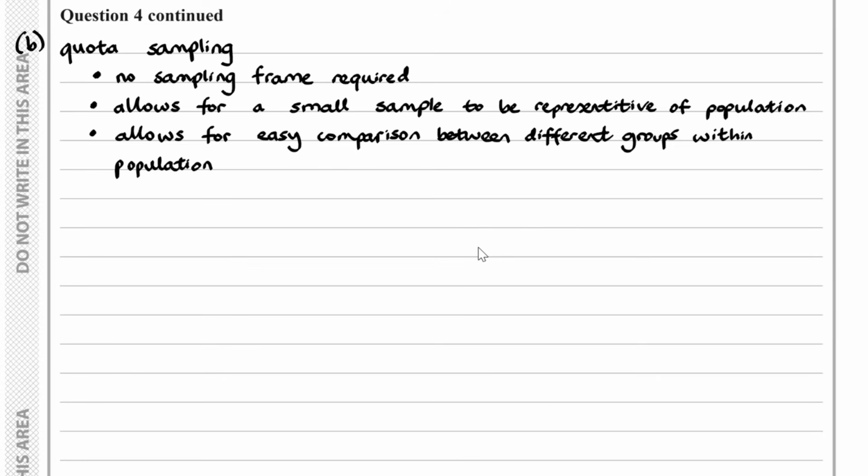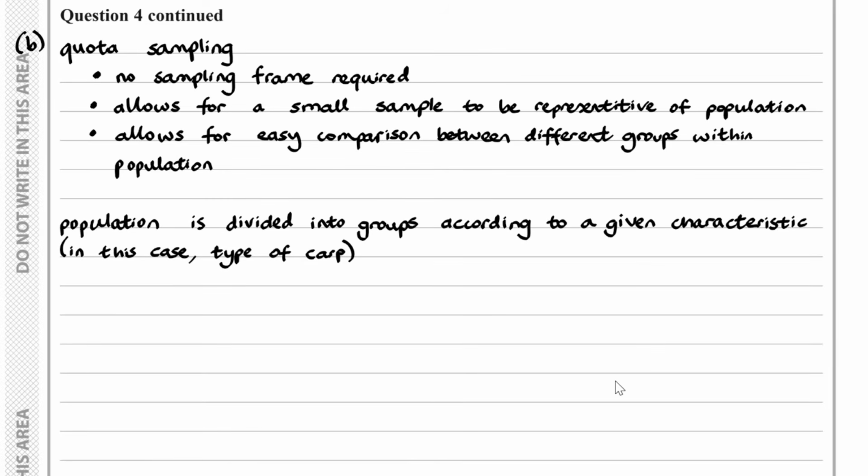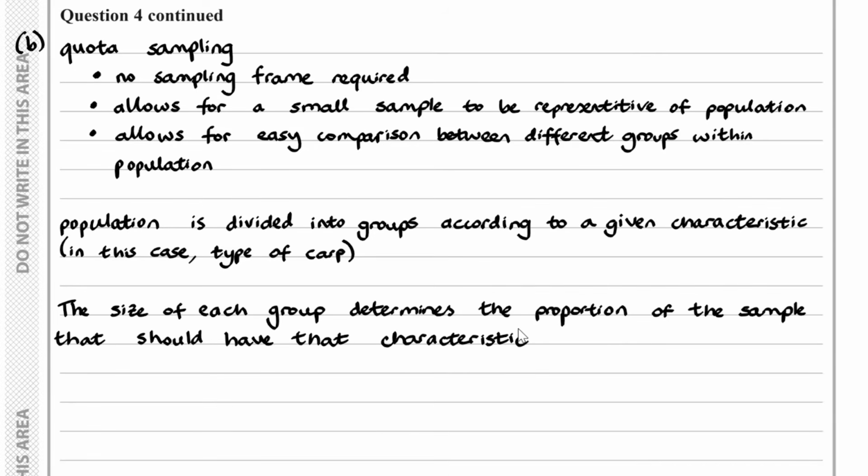Before we do that, let's talk about the stages of quota sampling. The population is divided into groups according to a given characteristic. In this case, the characteristic is the type of carp. Then the size of each group determines the proportion of the sample that should have that characteristic.